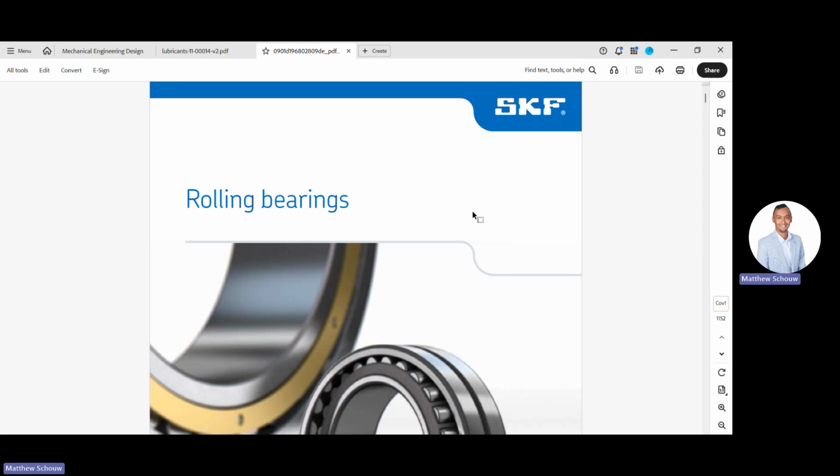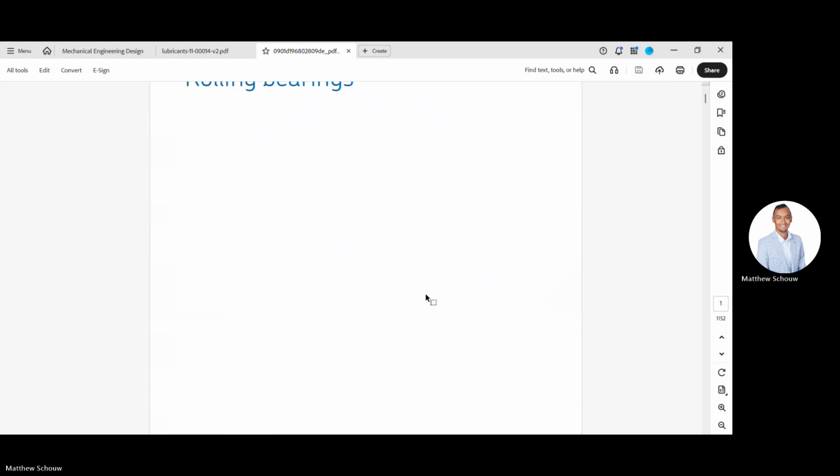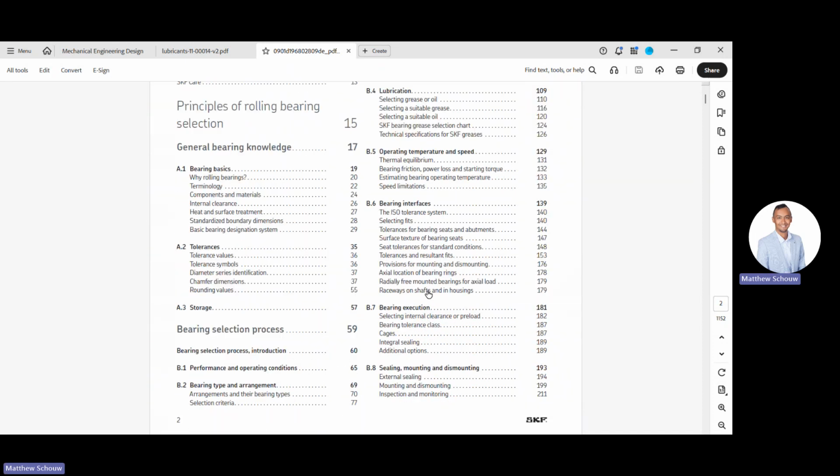I believe they are an American company. And SKF, let me just check here, it's going to be European, eh? Well, obviously they have a massive company. I'm not sure where they started, but it's one of the main brands in bearings, and it's probably worthwhile downloading this catalog and looking at it.